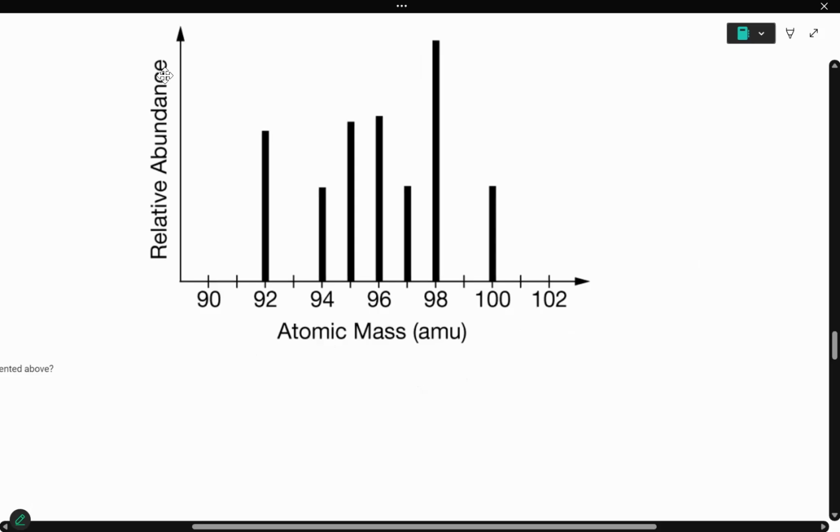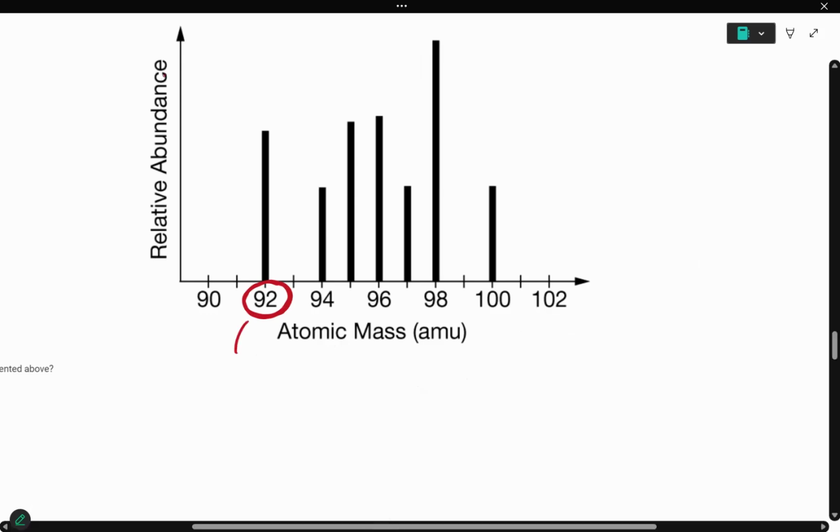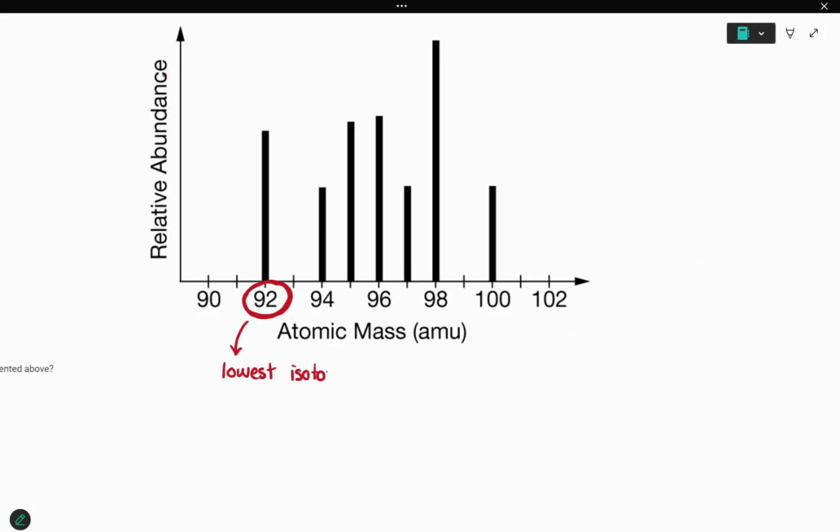So this is your lowest isotope that exists, it can only have a mass of 92 AMU. What is the highest mass that an isotope of this element has?